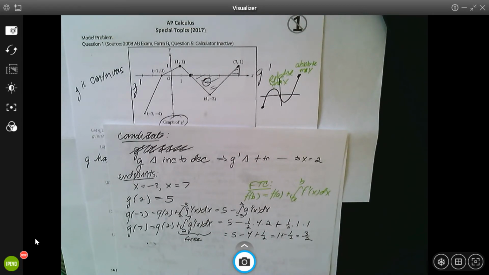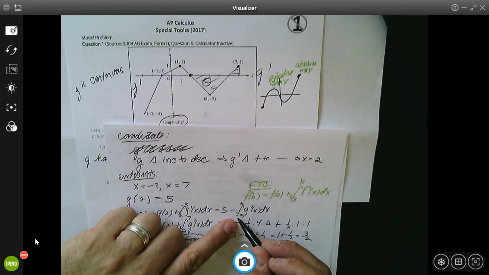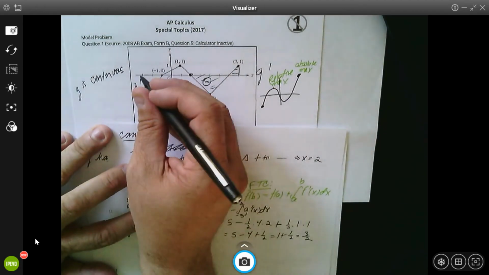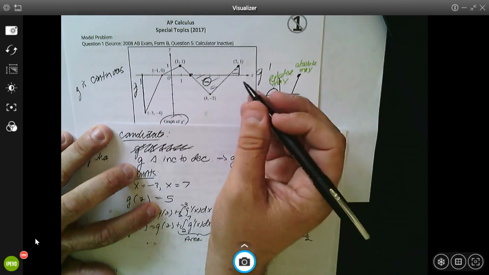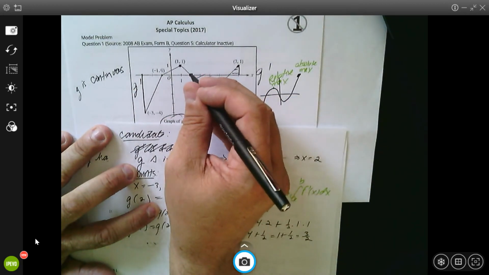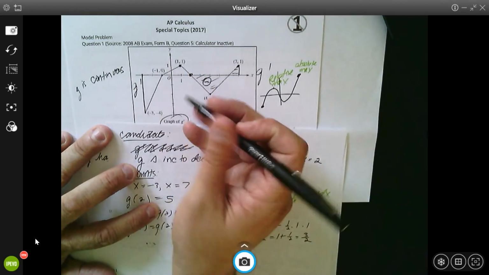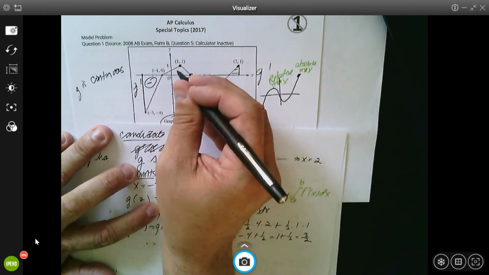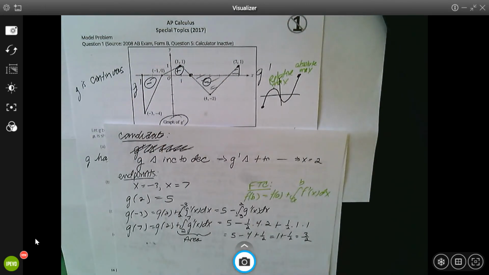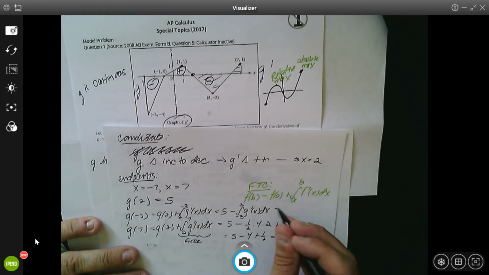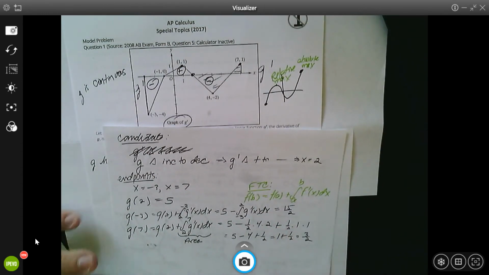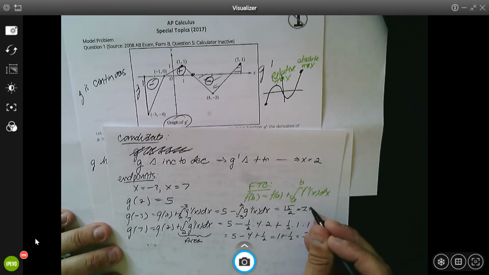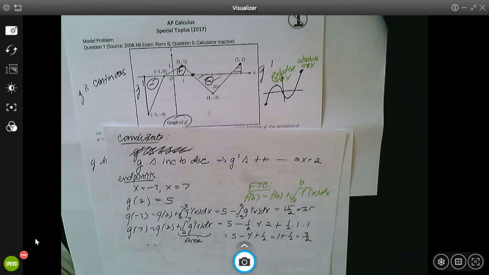Now I'm going to admit I'm running a little low on time here. I'm going to cheat. Find the area from negative 3 to 2. So you're saying from x equals negative 3 all the way over to x equals 2. Two more triangle computations. This one has a negative area. That one has a positive area. When you're done with that calculation, what you should get is 15 over 2, which is 7.5. Okay.